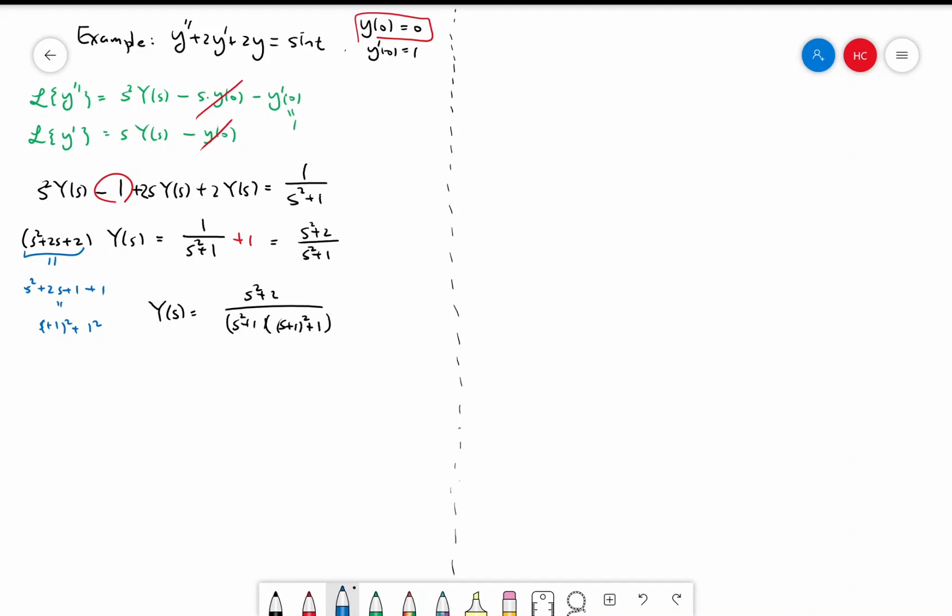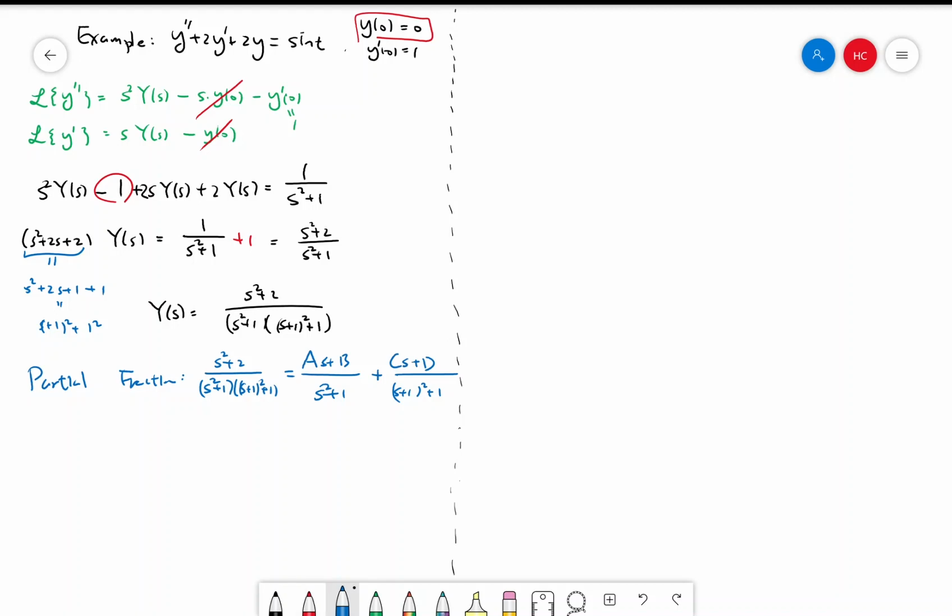Okay. So the method of partial fractions tells you that the original fraction can be split into two separate fractions. So the denominators are s squared plus 1 and s plus 1 squared plus 1. And here we have as plus b and cs plus d.